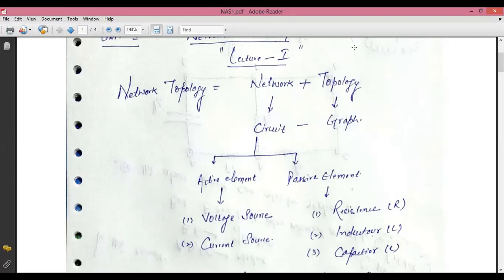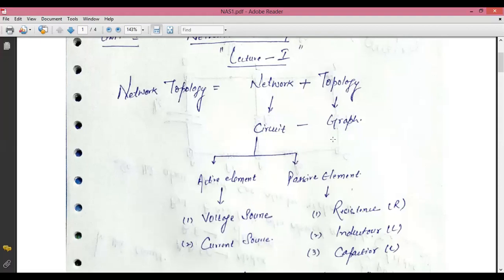Yes, sir. For example, you all know that in a circuit, as you have just read in your BEE, there are two types of sources present. One is called a voltage source and the other is called a current source. These voltage and current sources are known as active elements, whereas in a circuit there are resistance, inductance and capacitance.